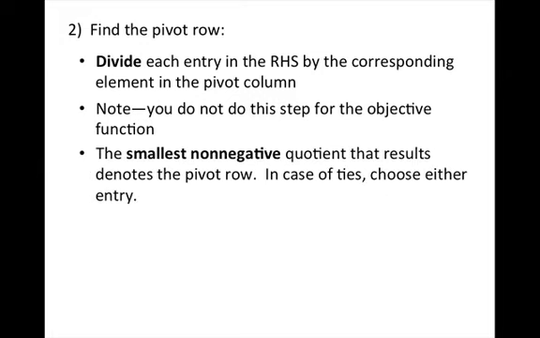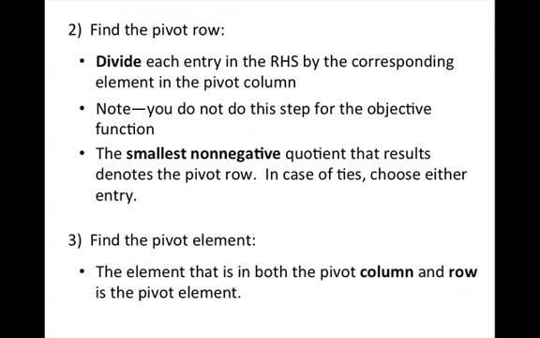The smallest non-negative quotient that results gives us our pivot row. In the case of ties, use either entry. Once we've got the pivot row and the pivot column, the pivot element is just the element that's in both the pivot column and the pivot row.